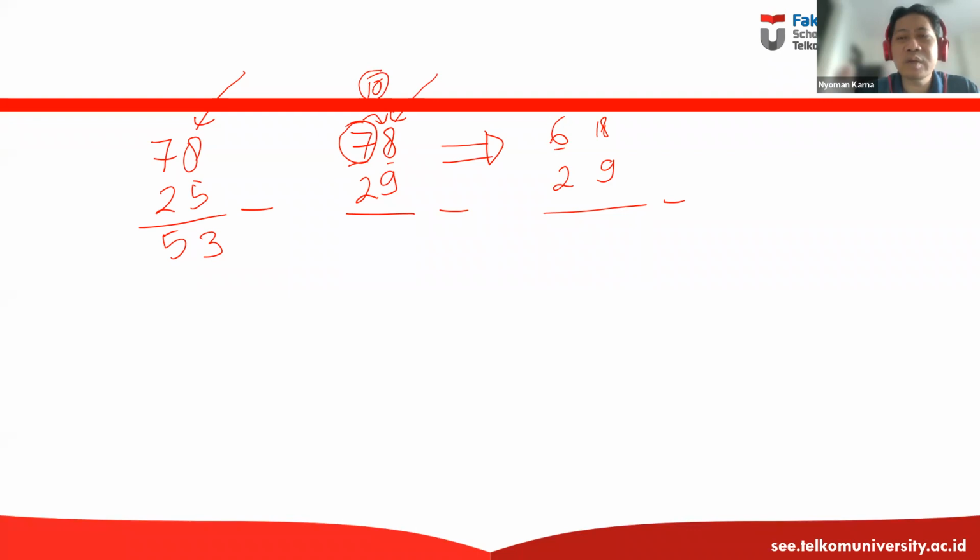So 7 will become 6, and then 8 will become 18. Now 18 subtracted by 9 will become 9. And then 6 minus 2 is 4. So the result is 49. This is what we call borrow.